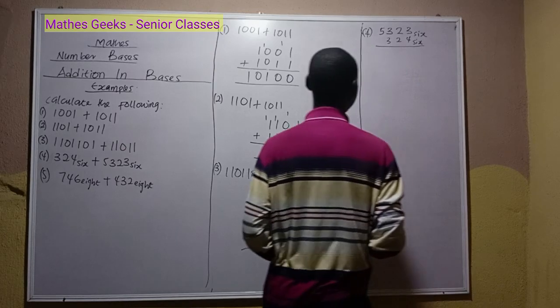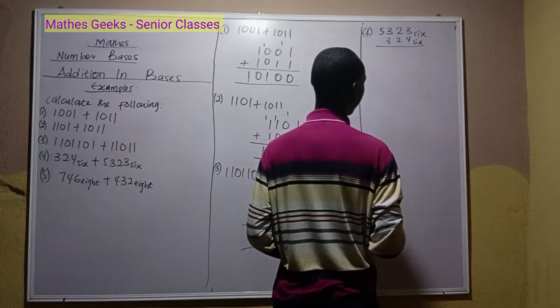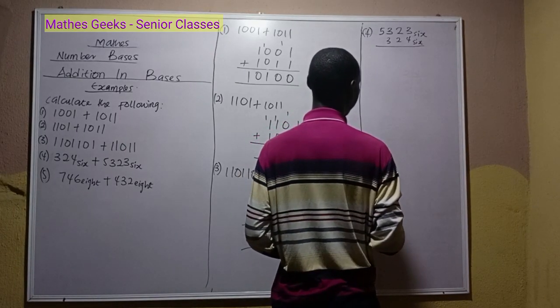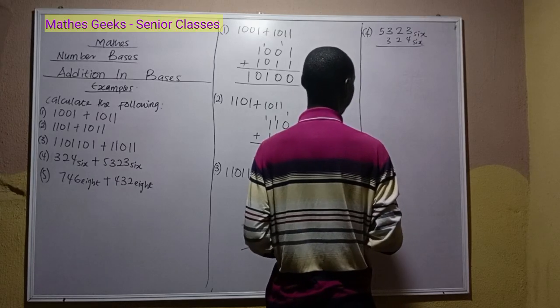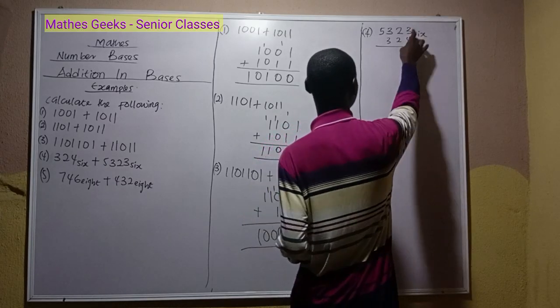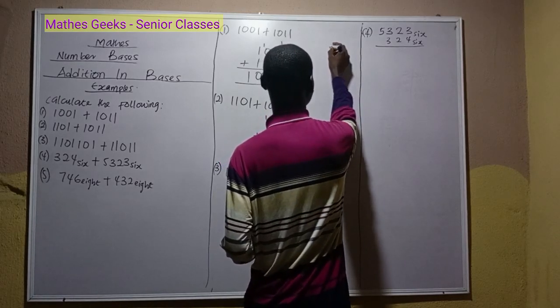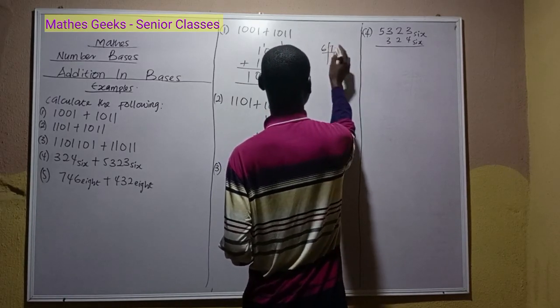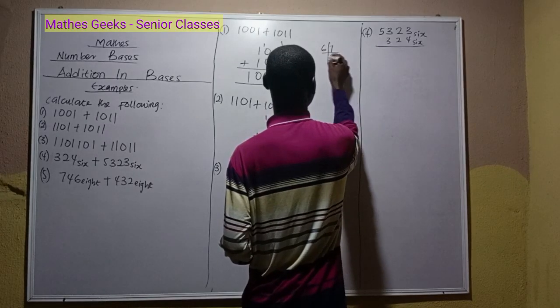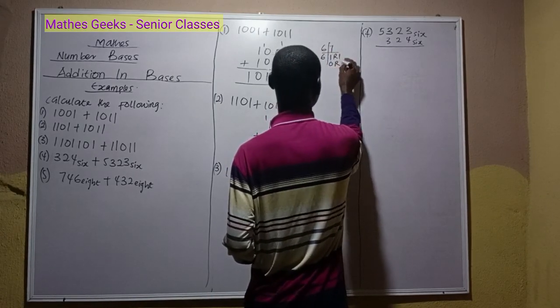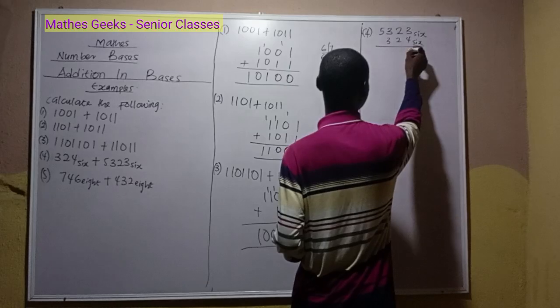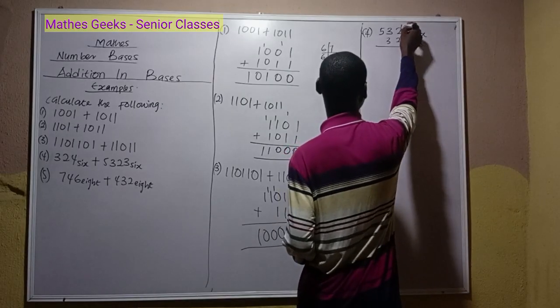Okay, so in base 6, the highest number is 5. So 6 in base 6 is 10, and then 7 in base 6 is 11. So 3 plus 4 is 7. Let's find what 7 will be in base 6. So divide 7 by 6. 6 into 7 is 1, remainder 1. 6 into 1, 0, remainder 1. So it's 11. And just 1, remainder 1 carries over.